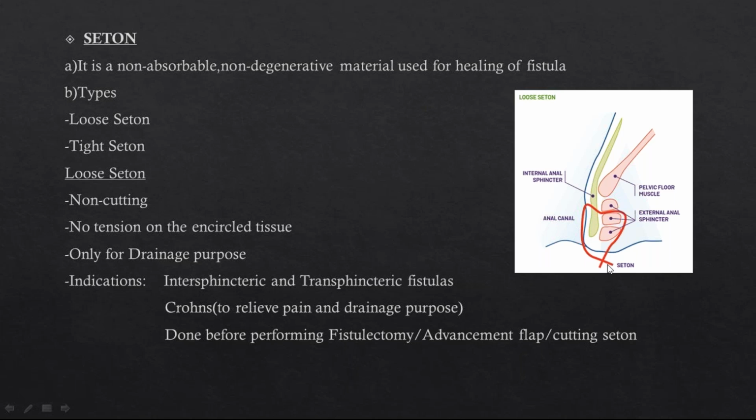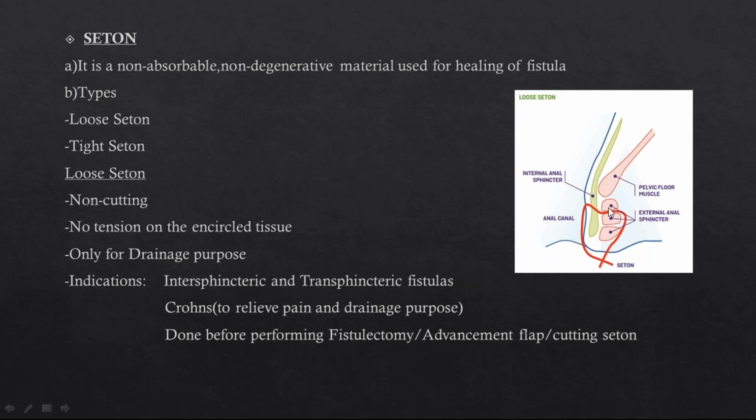This seton lies between the internal and external sphincteric fibers, but you do not tie it tightly. That is a loose seton. Because it is not tightened, there is no tension on the encircled tissue, which is the internal and external sphincter.